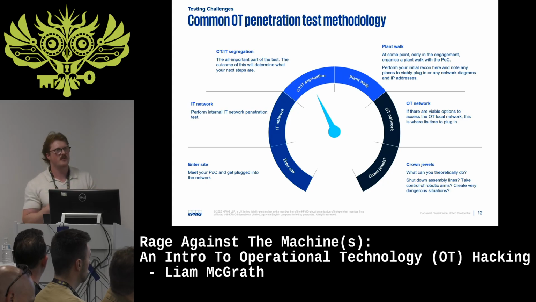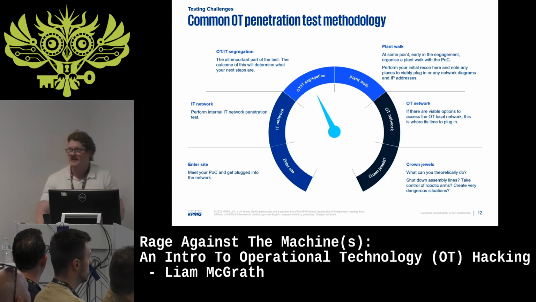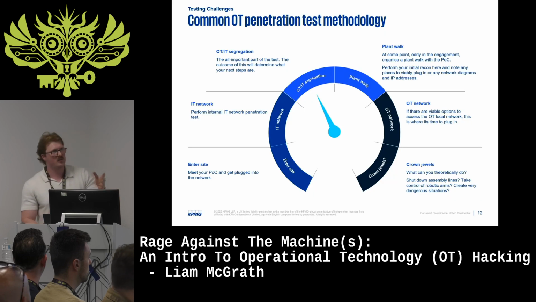But because the risks of injury or environmental dangers are a bit less in your normal manufacturing plants, you might plug in, as I say, and see what you can do there. But if you're talking more dangerous environments, critical national infrastructure, power plants, refineries, where you really can't take that risk, then you really want to focus on the segregation side.